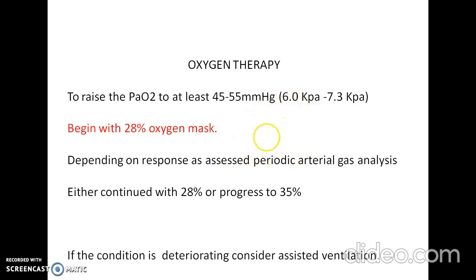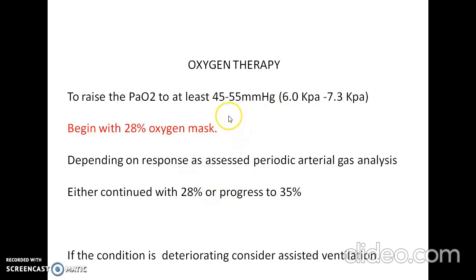To achieve this, we can begin with a 28% oxygen mask. Then you have to observe the partial pressure of oxygen in the blood. Depending on the response as assessed, periodic arterial gas analysis should be carried out so that we can shift between 28% or a little higher, 35%.